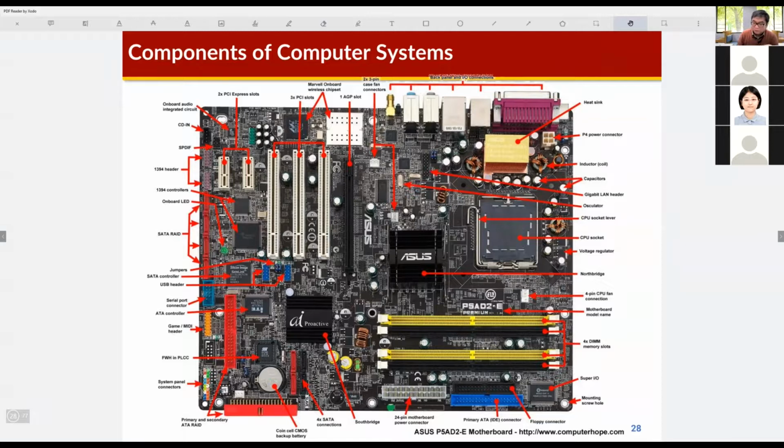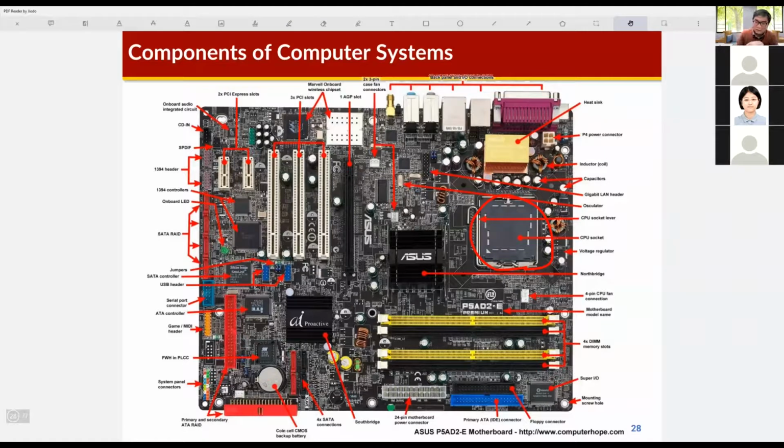So this is the old generation of ASUS mainboard. As you can see, this is the CPU socket. If we attach the CPU to this socket properly, then the computer can run.